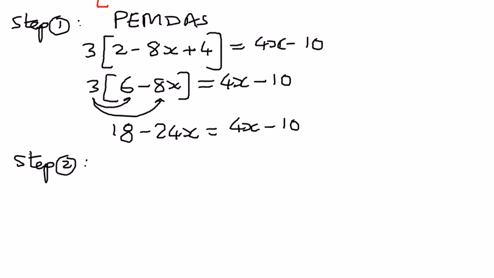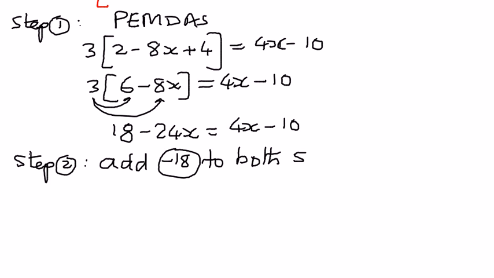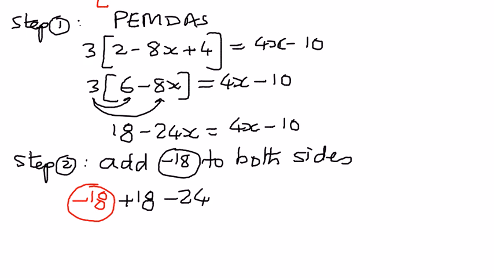So let us say we want to get rid of the 18 on the left hand side. We're going to add negative 18 to both sides of the equation, and when we do that, what is going to happen? Negative 18 is what we have added, plus 18 minus 24 is equal to 4x minus 10 minus 18.